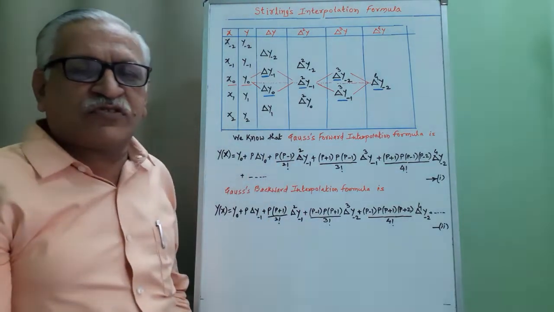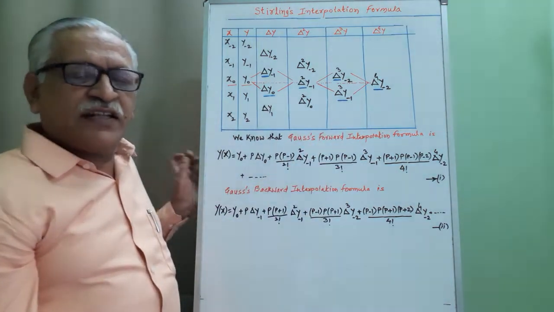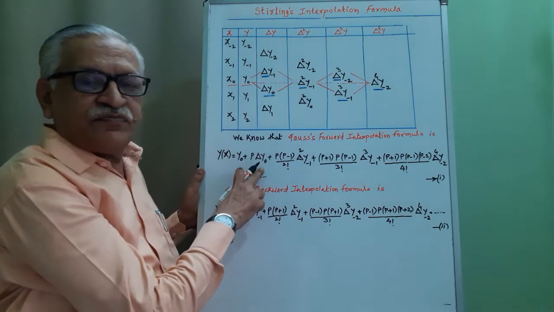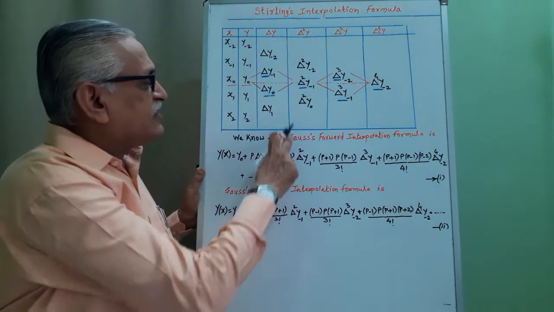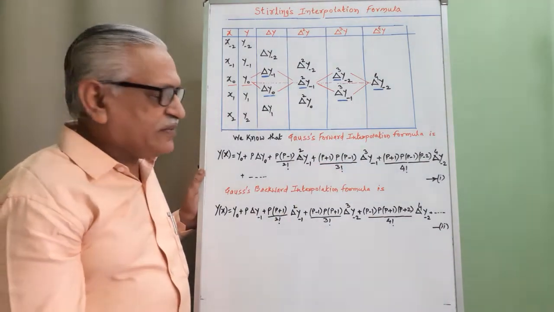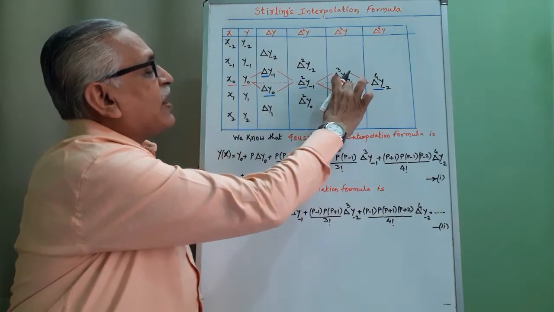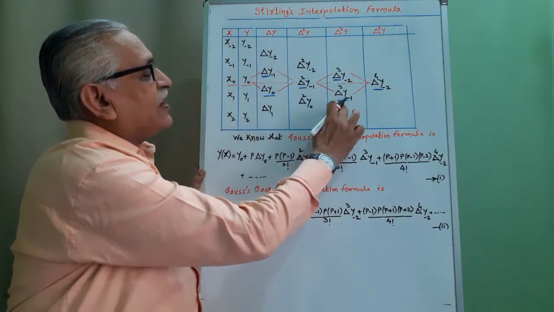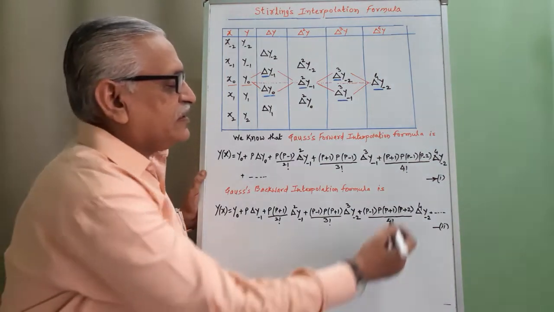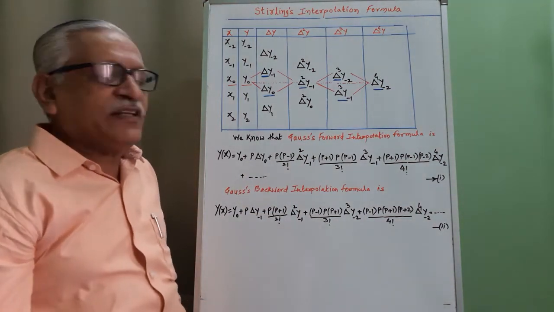We know Gauss's forward interpolation formula, for which we take these six values, as y of x is equal to y0 plus p into del y0, plus p into p minus 1 by 2 factorial del square y minus 1, next p minus 1 multiplied by p plus 1, this is the additional term, divided by 3 factorial into del cube y minus 1, and next p minus 1, p minus 2 multiplied by p plus 1 divided by 4 factorial into del raised to 4 y minus 2, and so on. We can extend as per the table.